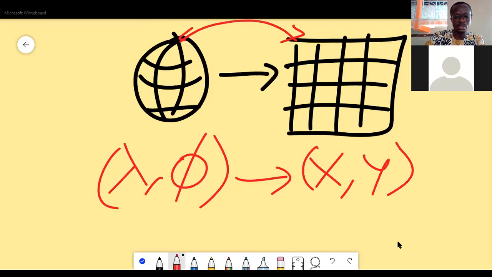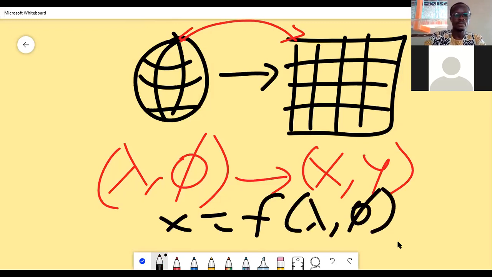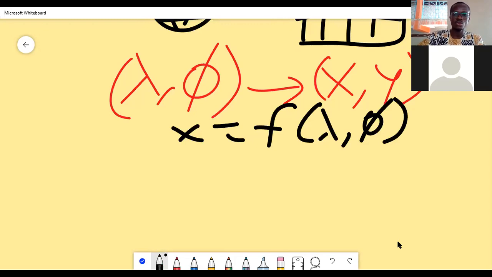We can write x as a function of lambda and phi. In other words, we can write a formula that converts longitude and latitude to x, and then do the same for y. That is what the map projection is about.